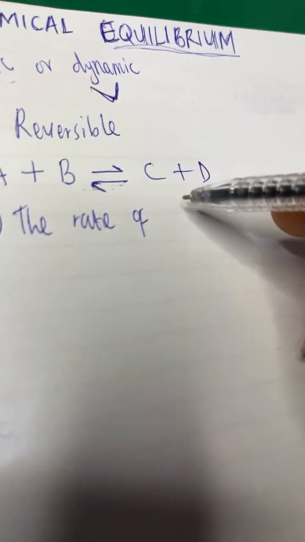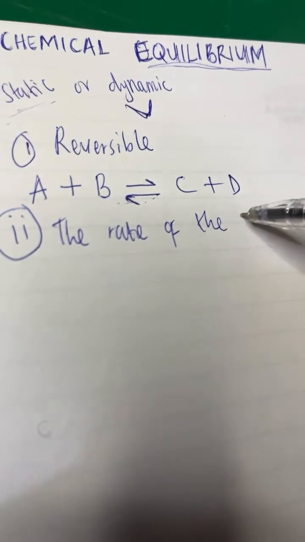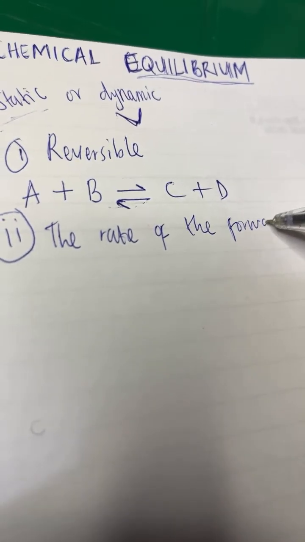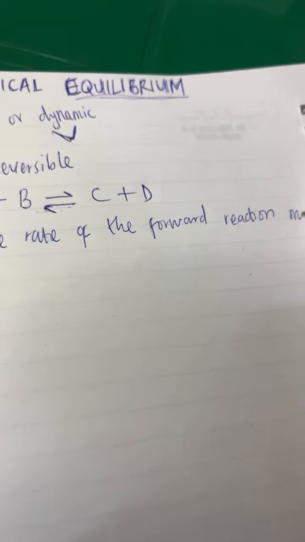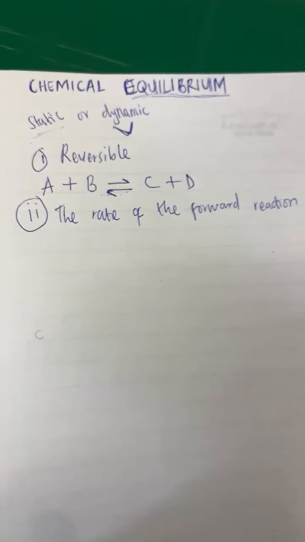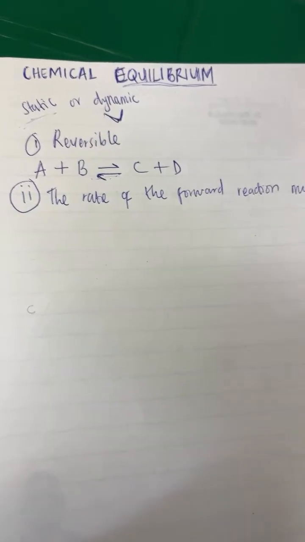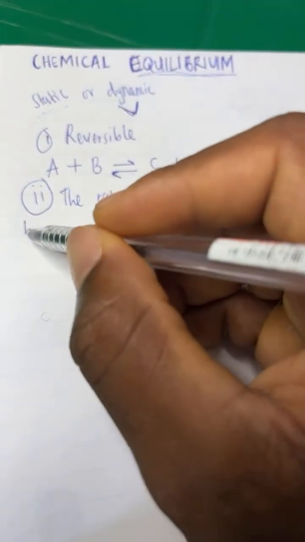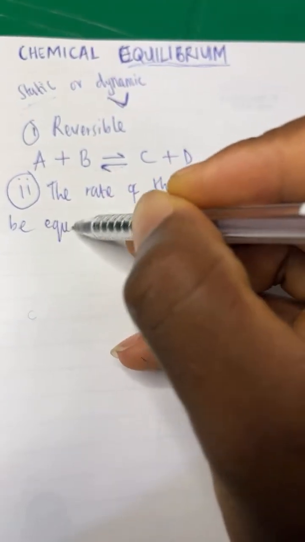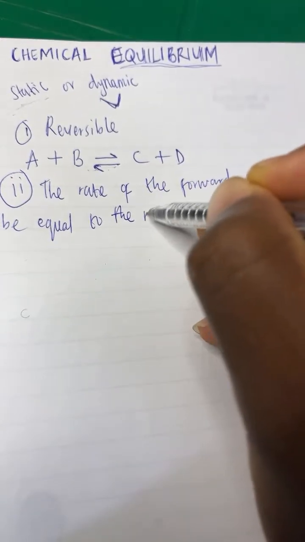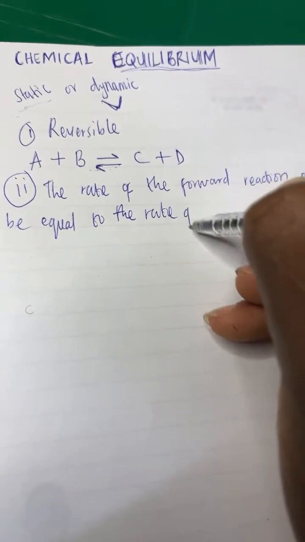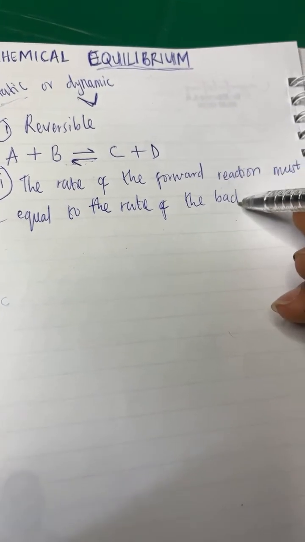The rate of the forward reaction. Everybody type it. It is a must for the reaction to be said to be at equilibrium. The rate of the forward reaction must be equal to the rate of the backward reaction.